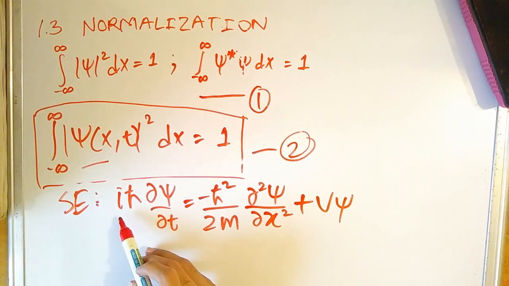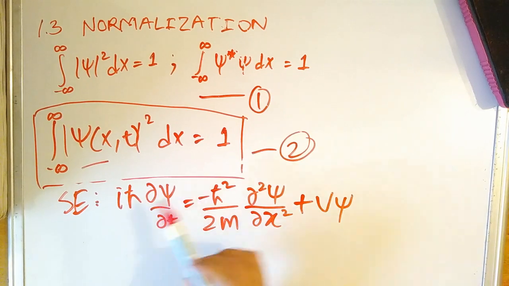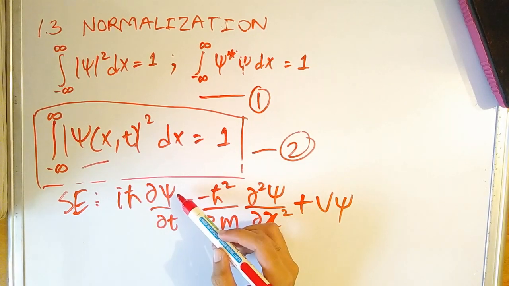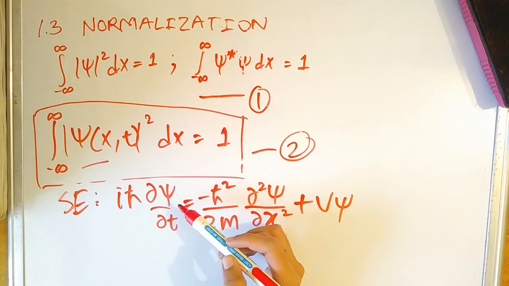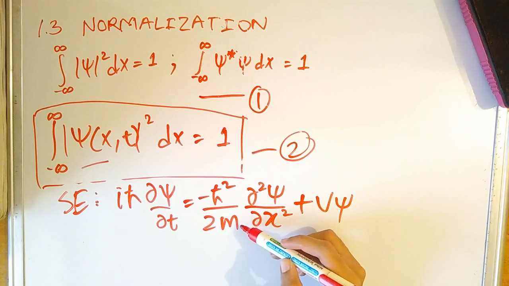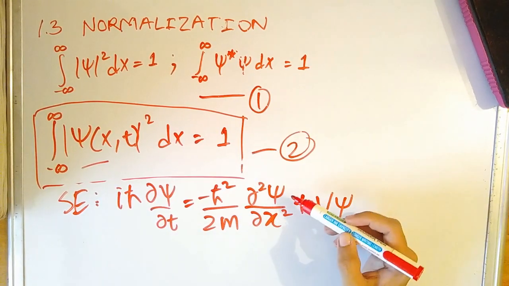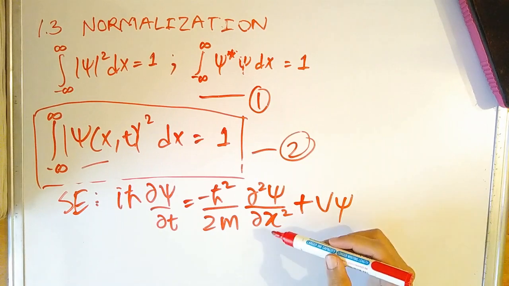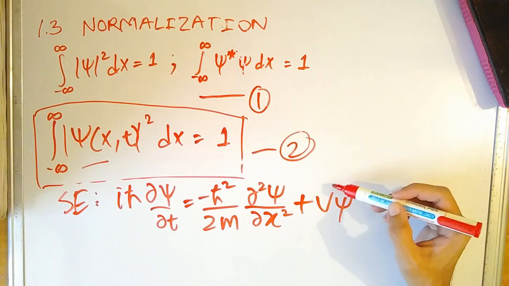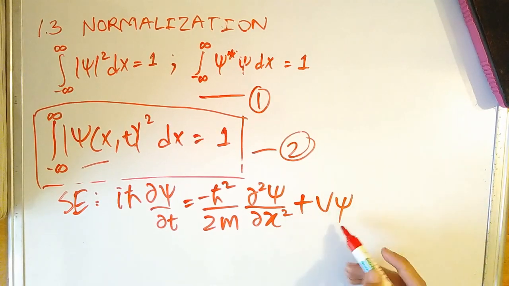Now here i is the square root of minus 1, the complex number. H bar represents the reduced Planck constant. Psi is the wave function that we are going to find. M is the mass of the particle that we are studying. x is the position, t is time, and v here is the potential energy function which operates on psi.